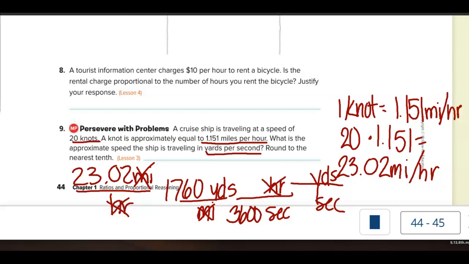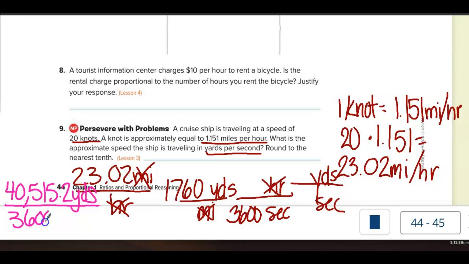So then I multiply on top 23.02 times 1,760. What would I get? 40,515.2, and that would be yards. Over, I multiply my numbers on bottom. What number do I have on bottom? 3,600.